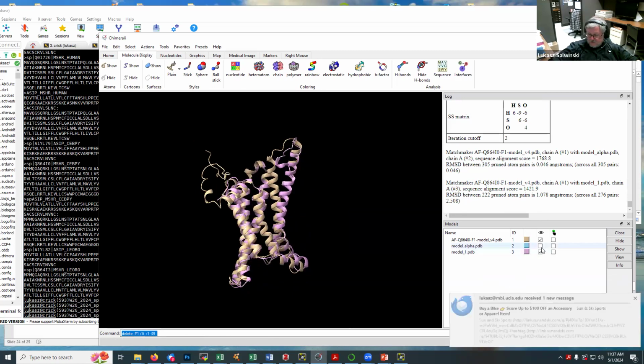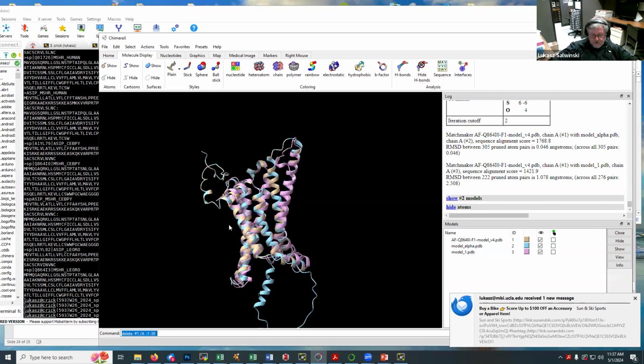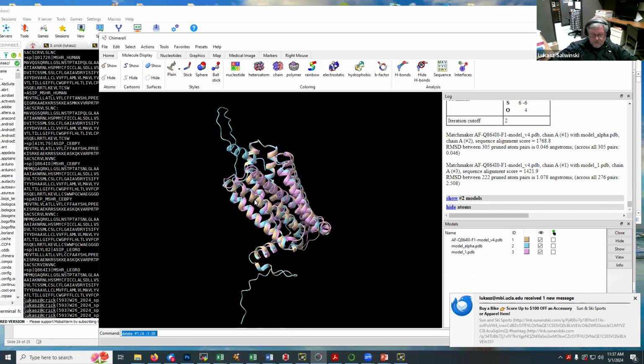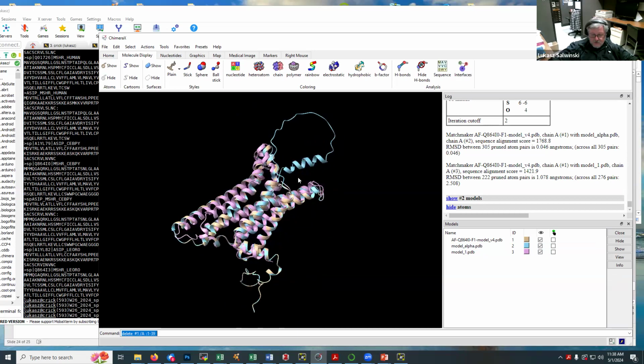And then here's the other model, and let's turn off the side chains for a moment. The other one has the same issue.